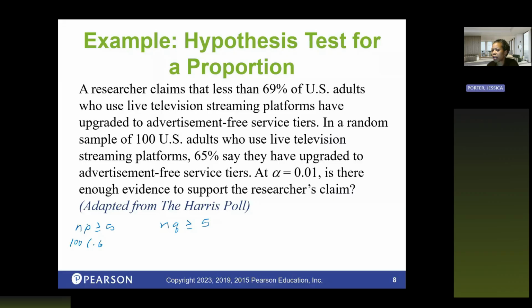Is 100 times 0.69 greater than or equal to 5? And then 100 times 0.31, is that greater than or equal to 5? Well, we got 69 and 31, nice numbers here, so that checks out. So we can use the z-test.